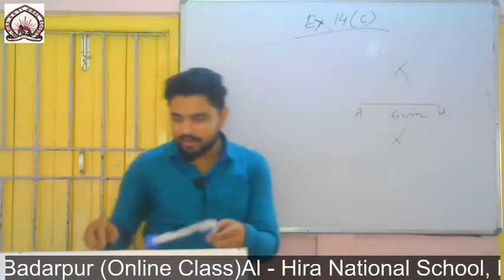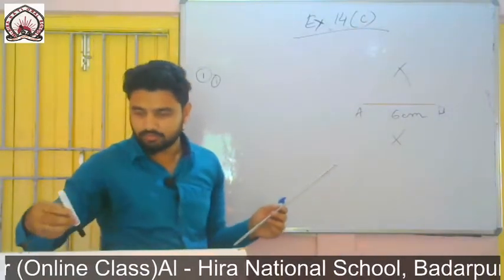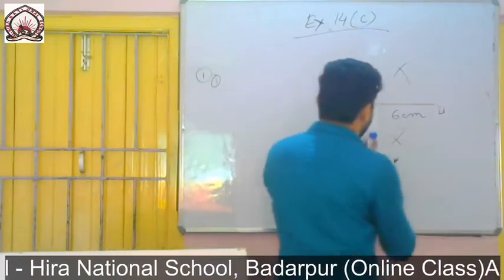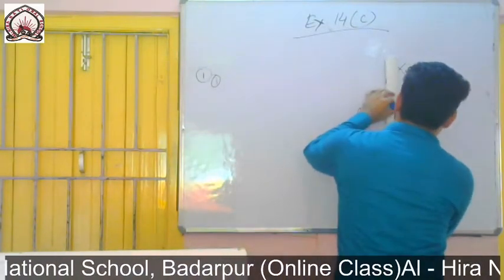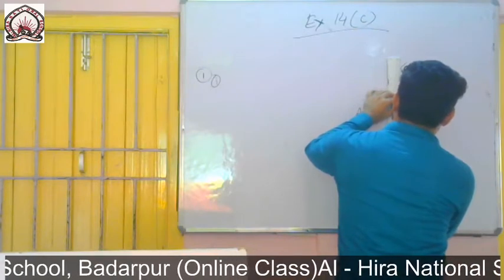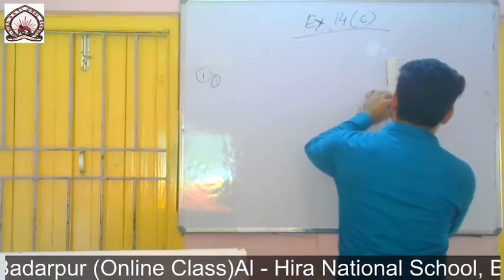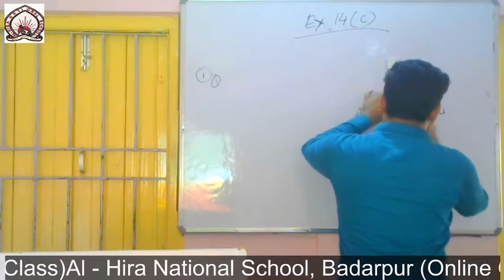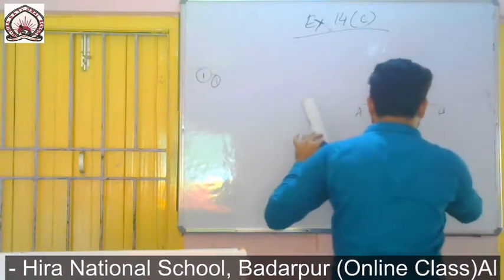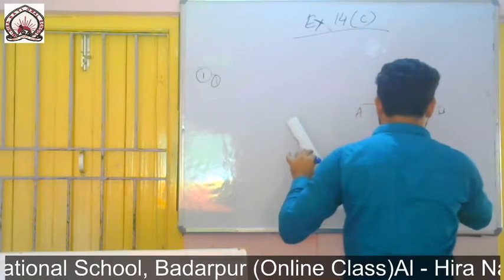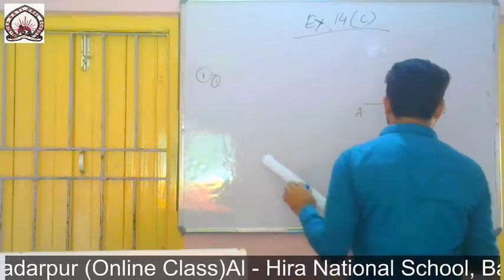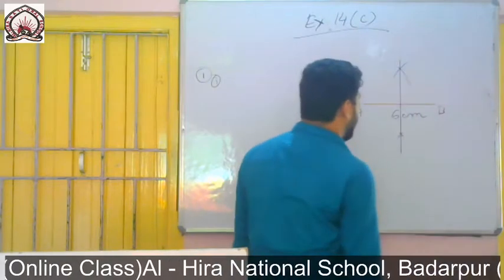Now if you join, then you will get the perpendicular bisector, like this.